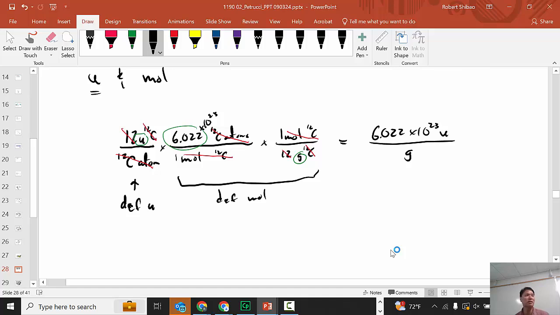Have you seen this conversion factor? No, you don't see this conversion factor because they invert it. And so take 6.022 times 10 to the 23rd and flip it upside down. And we get that 1 U is equivalent to 1.6605 times 10 to the minus 24 grams.